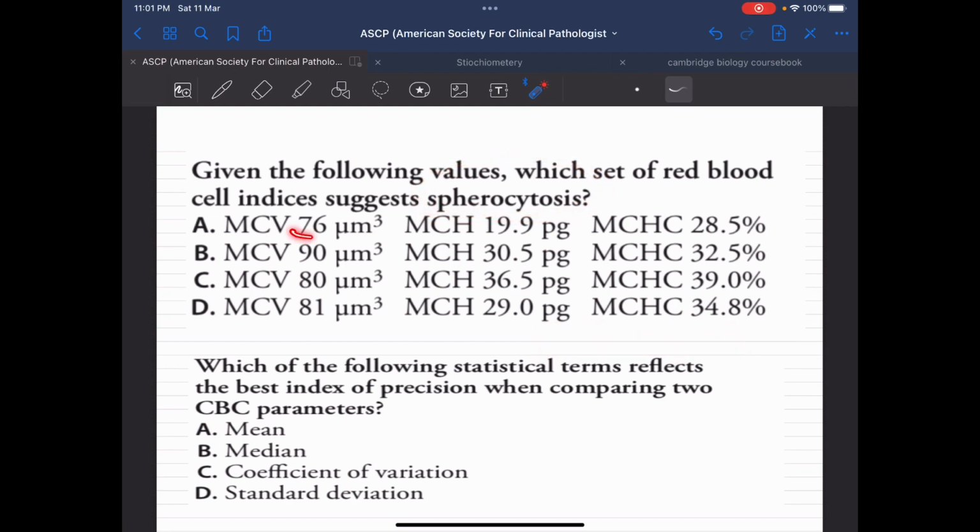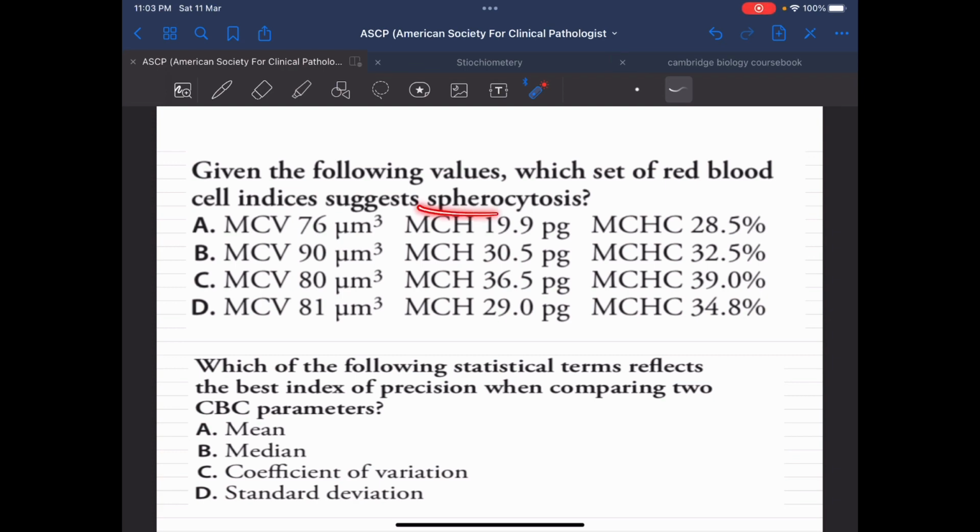Here we see MCV 76, MCH 19.9, MCHC 28.5; MCV 90, MCH 30.5, MCHC 32.5; MCV 80, MCH 36.5, MCHC 39; MCV 81, MCH 29, MCHC 34.8.